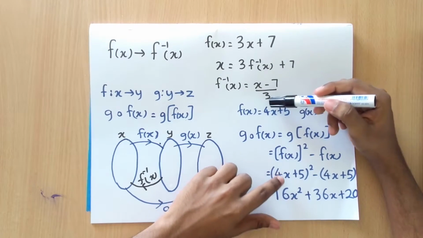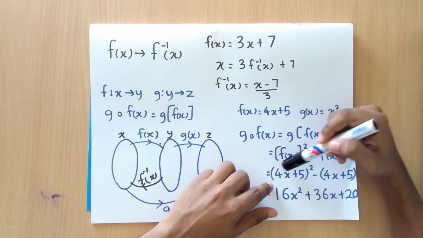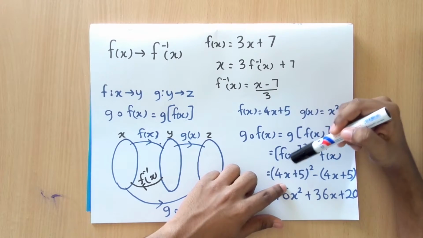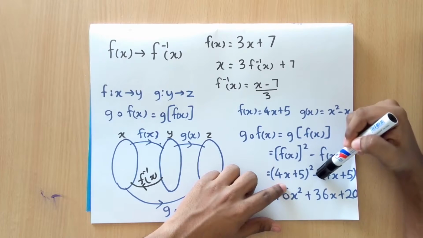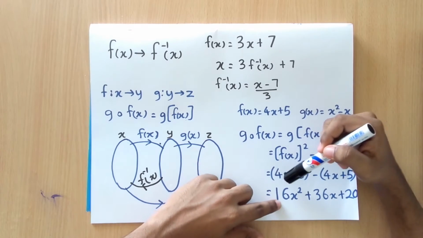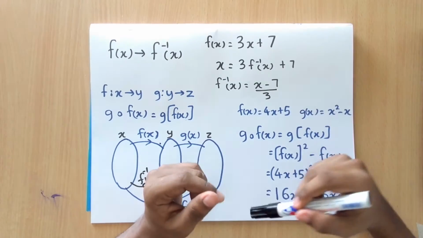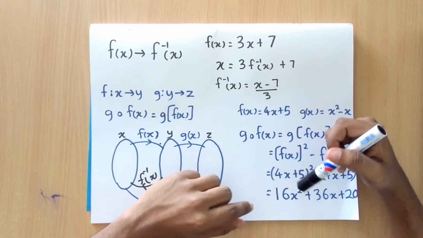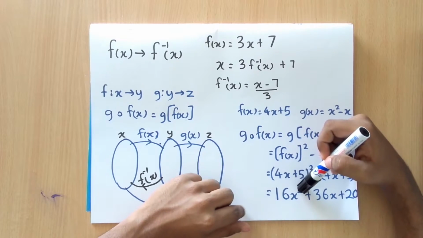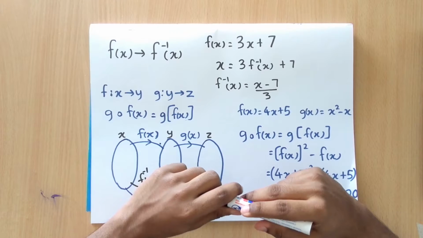Then we substitute 4x plus 5 into this equation. So that would be (4x plus 5) whole thing squared minus (4x plus 5). Finally, when we simplify the equation the usual way, we would get 16x squared plus 36x plus 20.